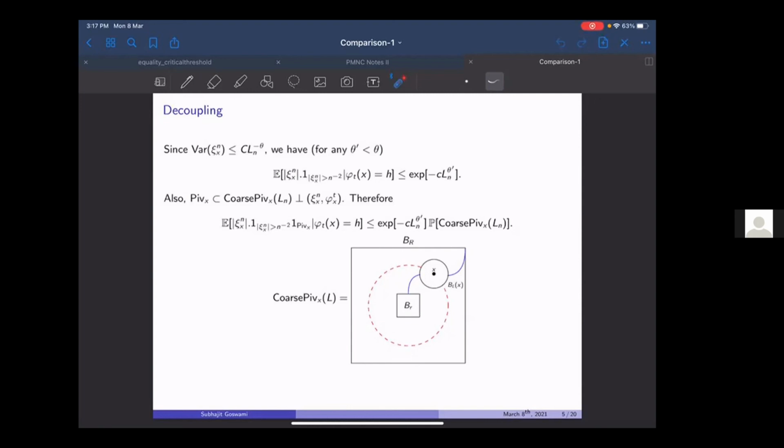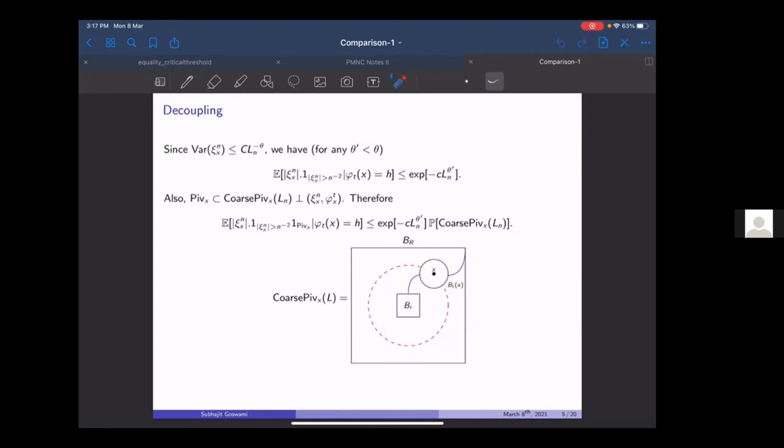So what do I mean by that? What do we do in this geometric picture? I forget the portion of the path in this ball. That gives me one removal, and also forget this dual surface inside the ball. In this way, we arrive at an event which does not depend on the state of this ball. So it's a coarse version of a pivotal event.